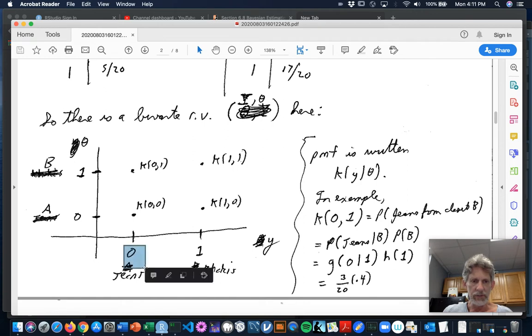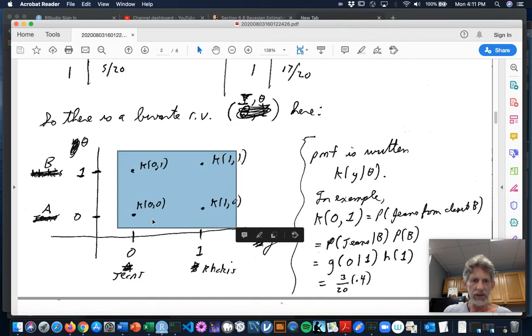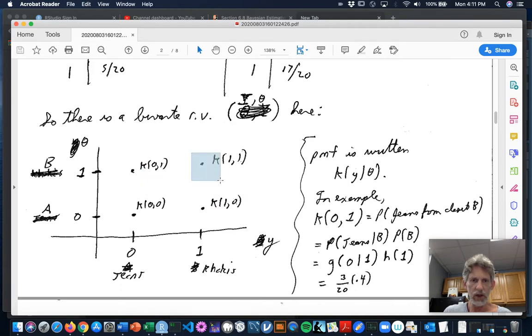This is the jeans, and this is the khakis value. And the two possible values for theta here: this is the closet A value, and the 1 is the closet B value. And there's 4 points in the sample space: there's 0, 0, and there's 1, 0, and there's 0, 1, and there's 1, 1.